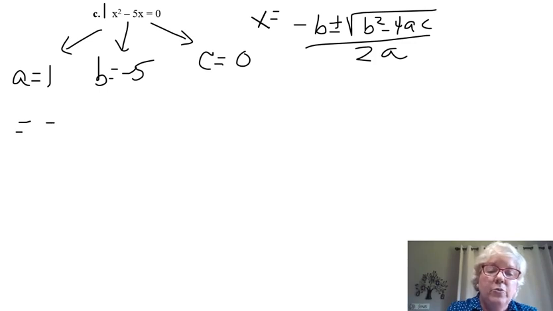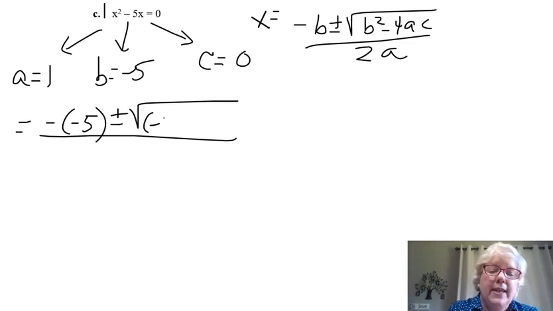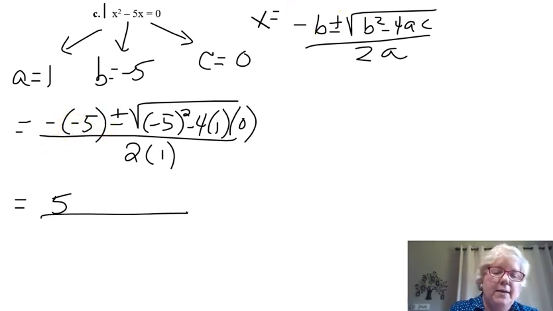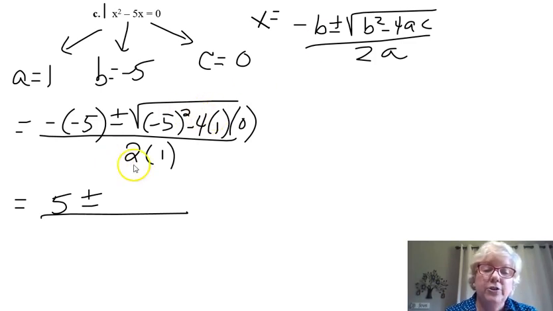Negative b here will be negative of negative 5 plus minus the square root of negative 5 squared minus 4 times 1 times 0 all over 2 times 1. Now let's simplify. Remember, negative negative makes that a positive, so that's a positive 5 on top in front of the plus minus. In the bottom of the fraction, 2 times 1 is just 2.